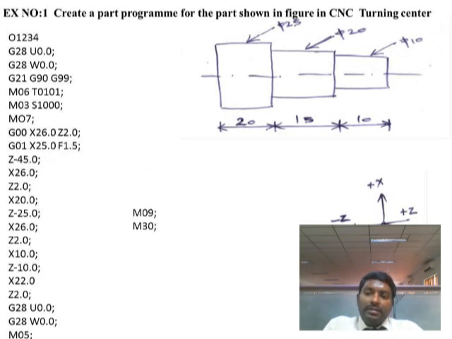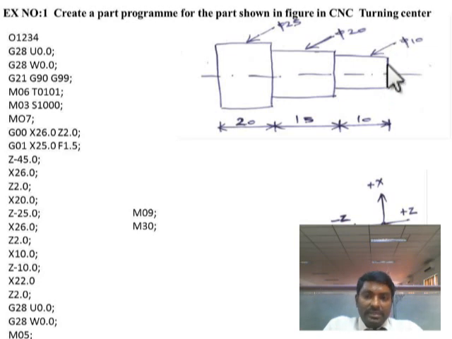Next I am going to do the operation on the workpiece. So for that, first the tool should be turned to a diameter of 25 mm up to the length of 45. So it is the Z0 point, and this is the X0 point.